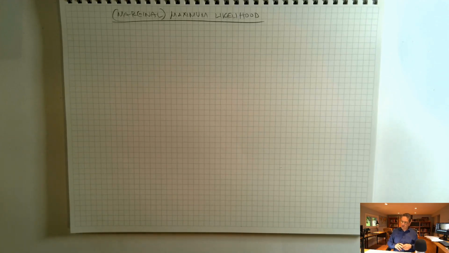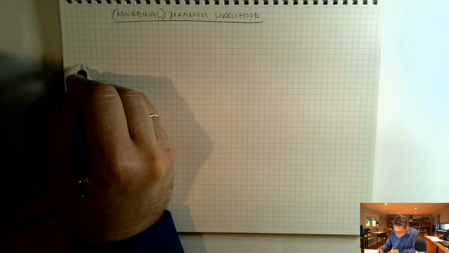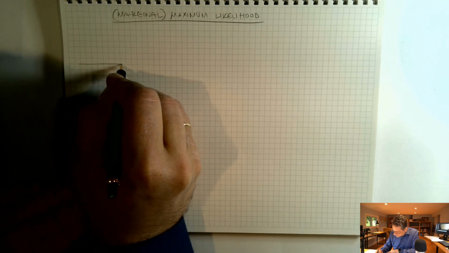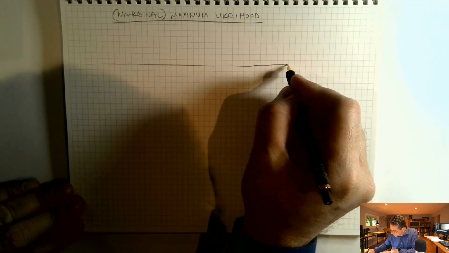So we'll be introducing maximum likelihood using a simple case where, for the moment, we will be ignoring our labels y. There will be no labels in this problem.